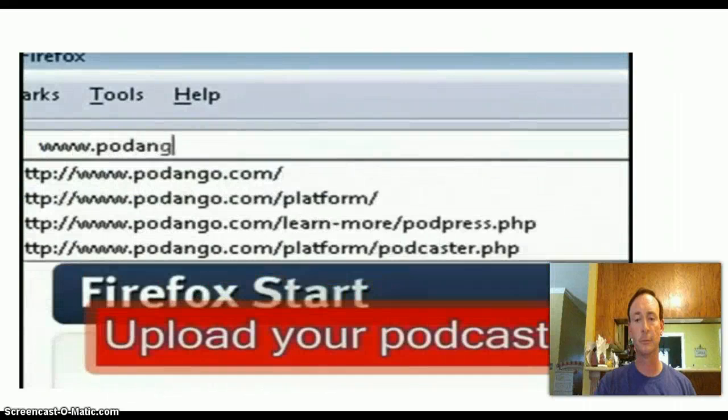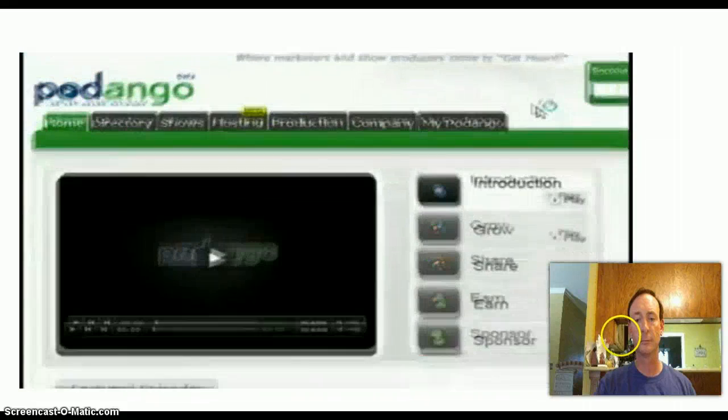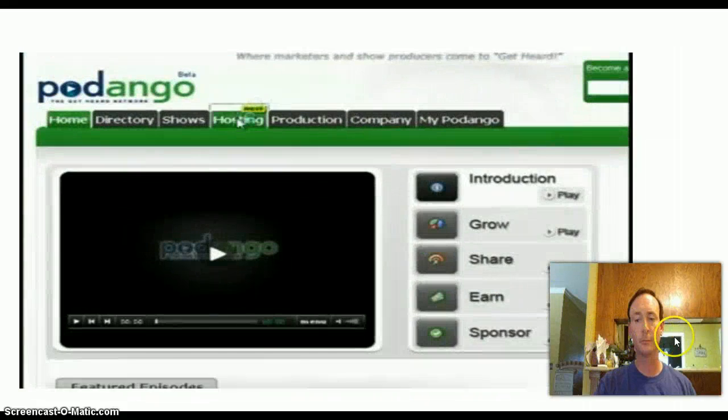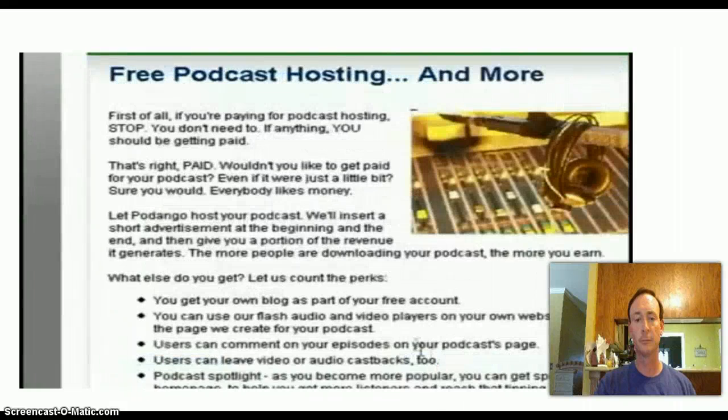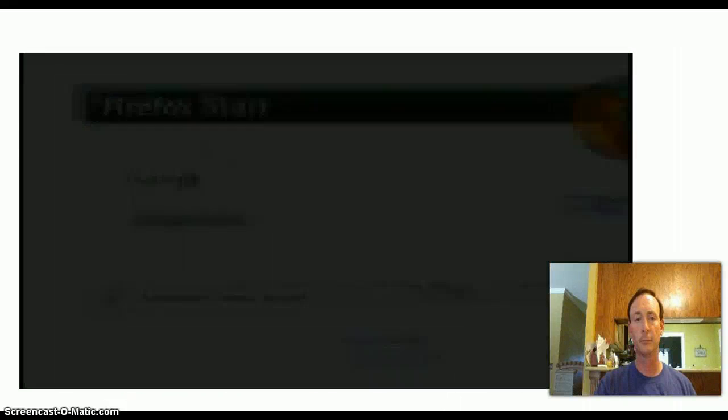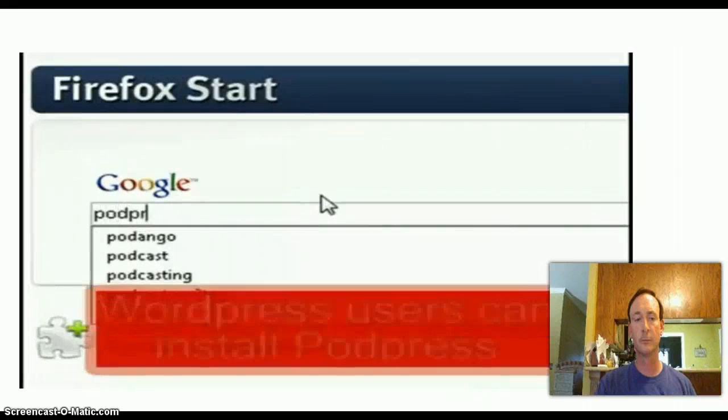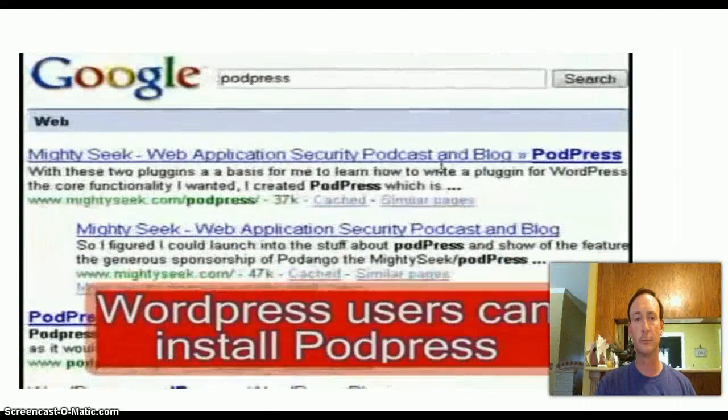Now, the next thing that we want to do is we want to upload our podcast to the internet. Poddango.com is a great hosting provider to do this. It allows you to upload your podcast, and then it also creates a great distribution format.